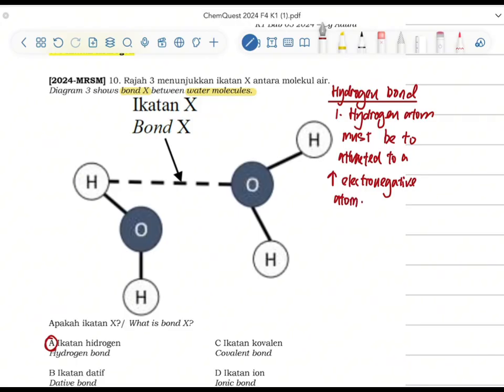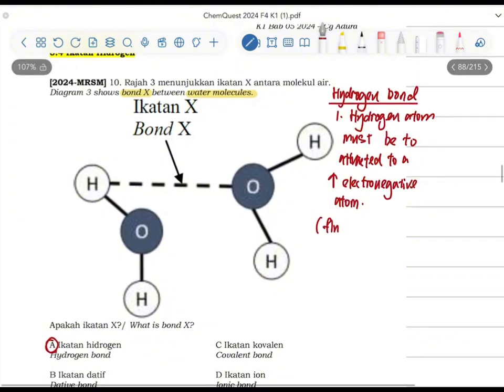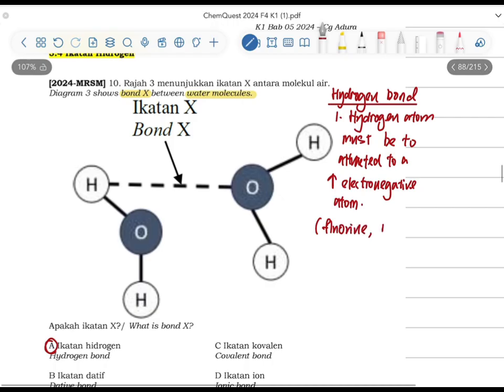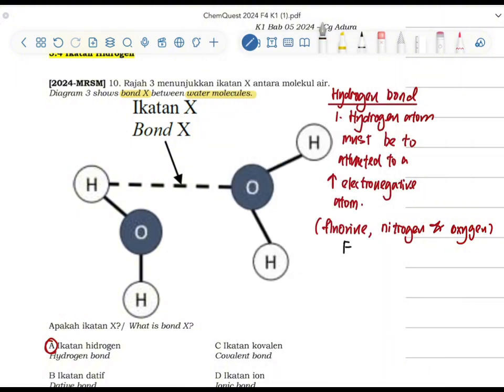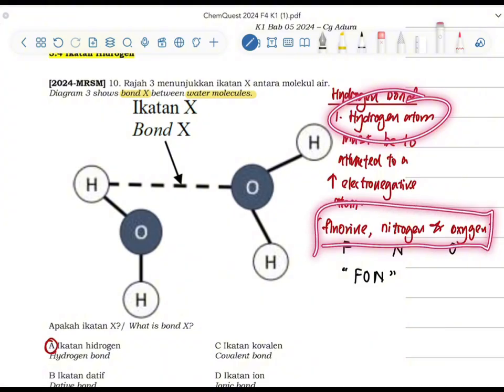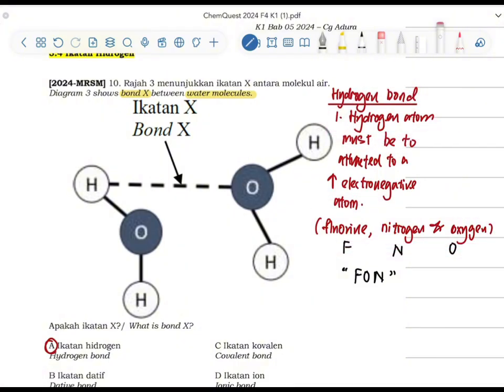The common examples of this electronegative atom are usually fluorine, nitrogen and oxygen. So it's basically just F, N and O, and maybe you can remember it as "F, O, N". Once the hydrogen atom is attracted to any of these three electronegative atoms, they will form a hydrogen bond.